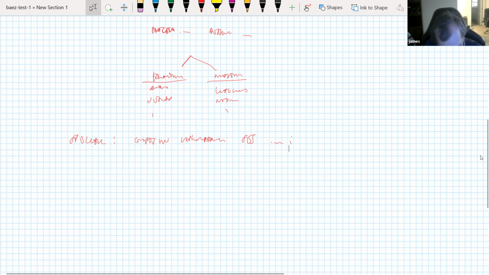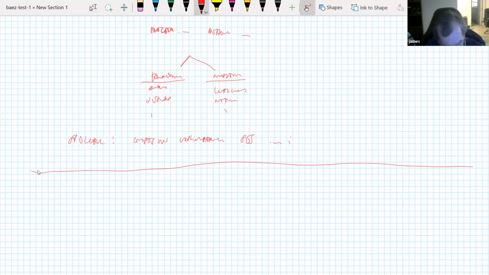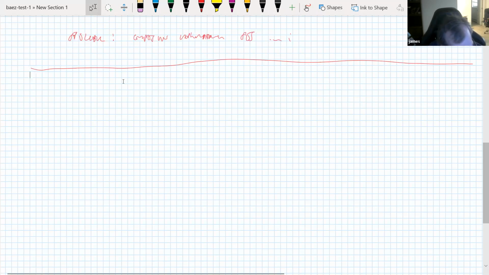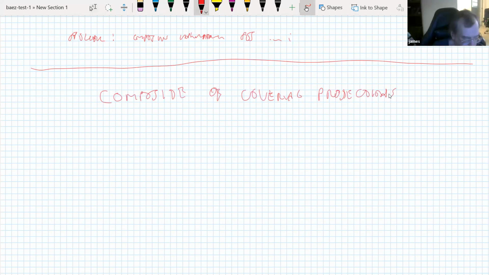So the idea that I'm going to try to think about here is basically this: what happens when you have a composite of covering projections?